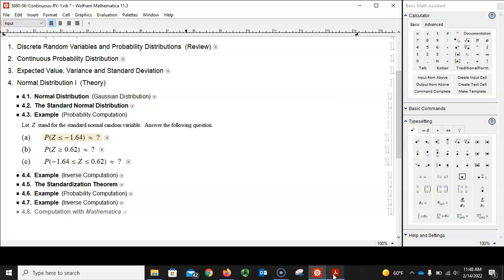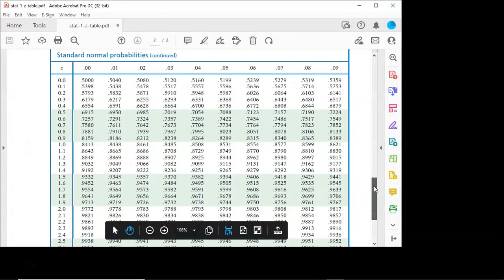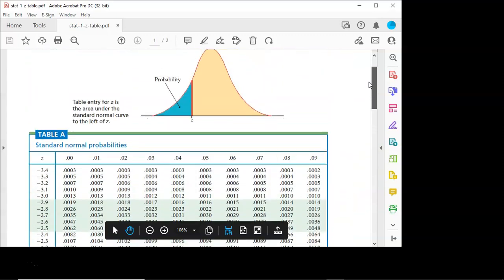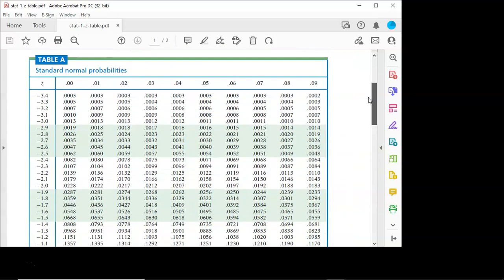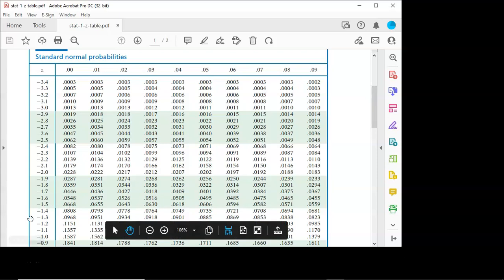Let's go to the normal table. Negative 1.64 is negative, so you have to go to this part. Negative 1.64, it's here, so negative 1.6.